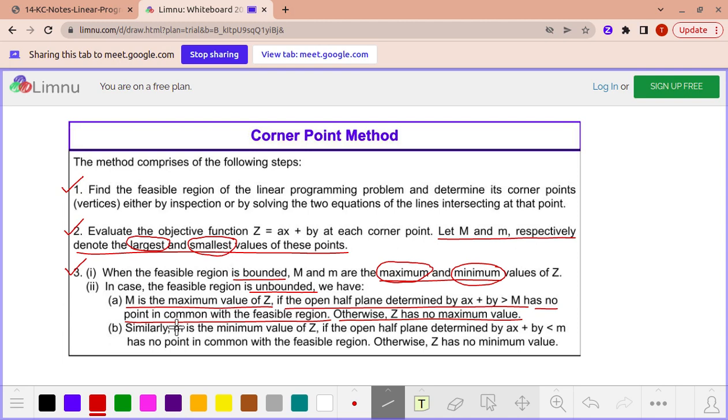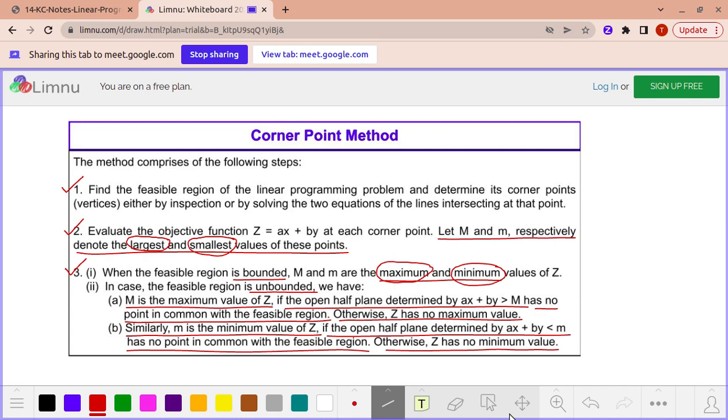And point B is that similarly, lowercase m is the minimum value of z if the open half plane determined by ax plus by less than lowercase m, where ax plus by is the objective function expression, has no point in common with the feasible region. Otherwise, if there is a common point, then z has no minimum value. We will solve it with a few questions.